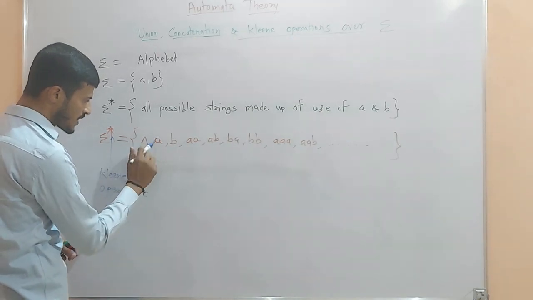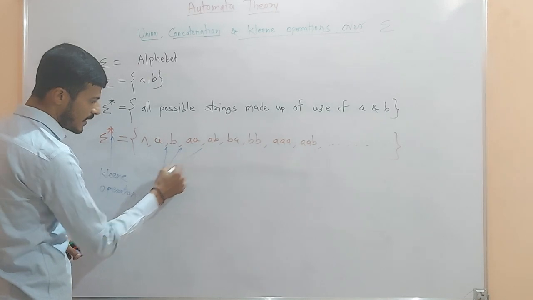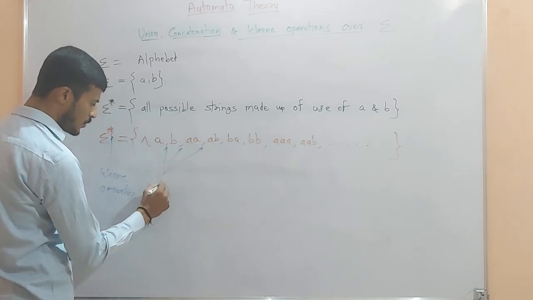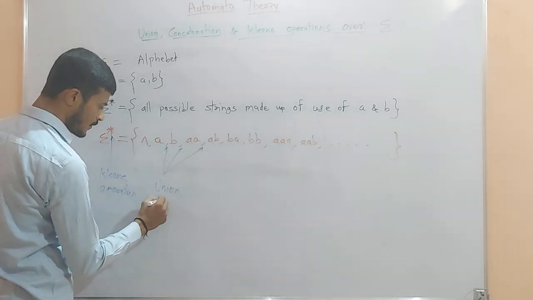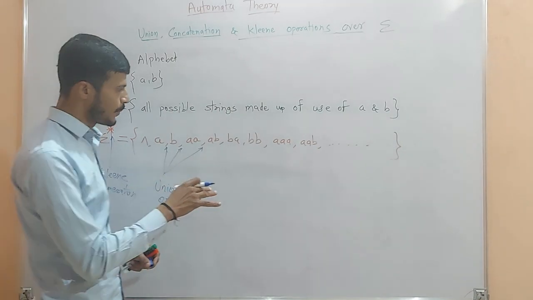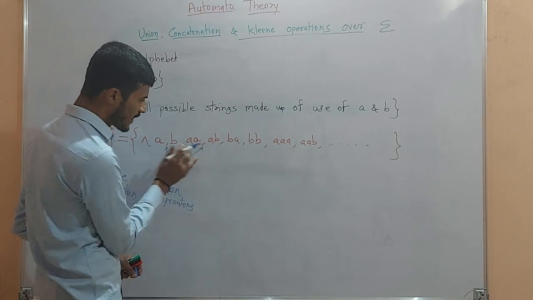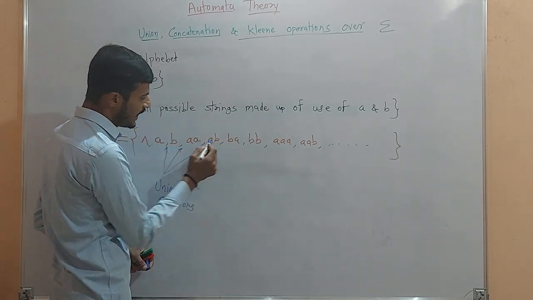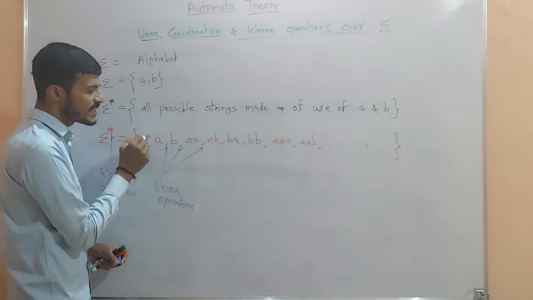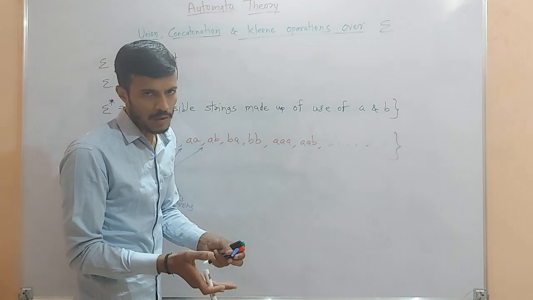Then you can see these commas are nothing but union operations. And all these strings present over here have either one symbol or a combination of more than one symbol.